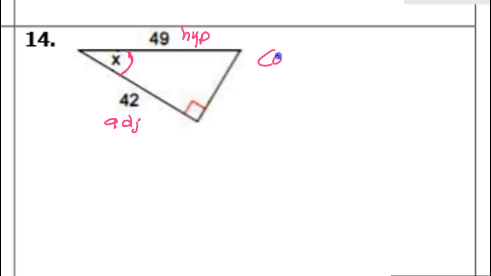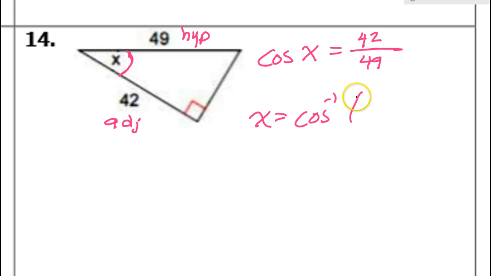So we will set up the cosine function equal to adjacent over hypotenuse. If you want the angle, you will have to do the inverse trig function.